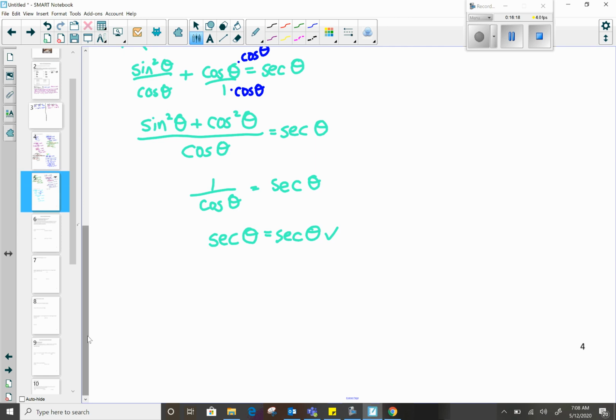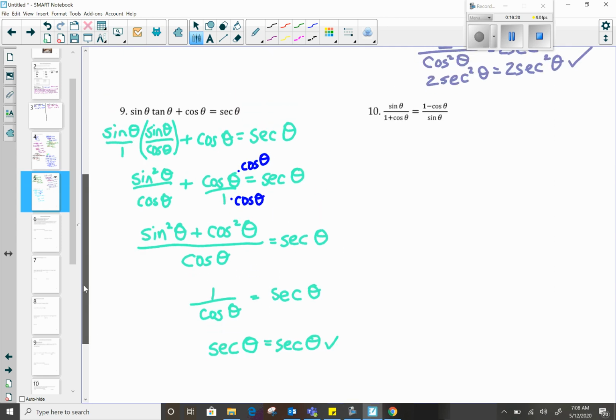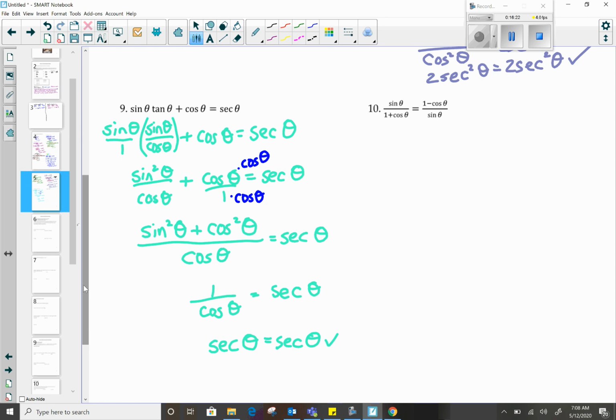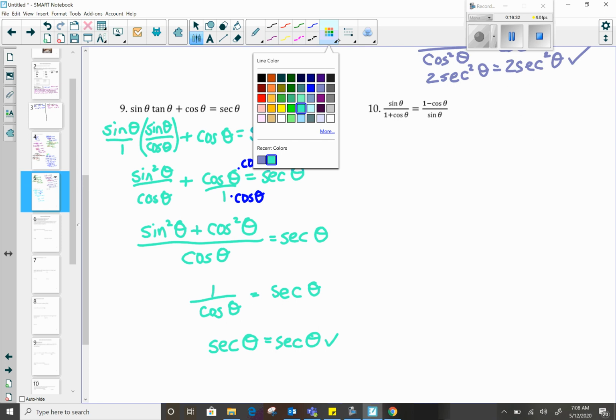Nice. Last one, people. Okay. Usually I say you only mess with one side. But in this case, they're both equally disturbing to look at, honestly.